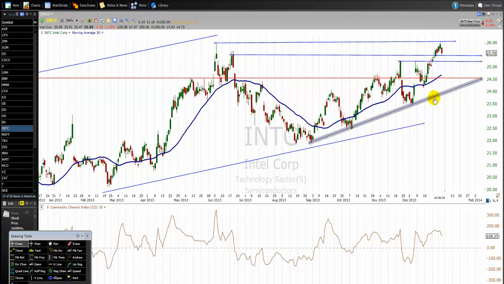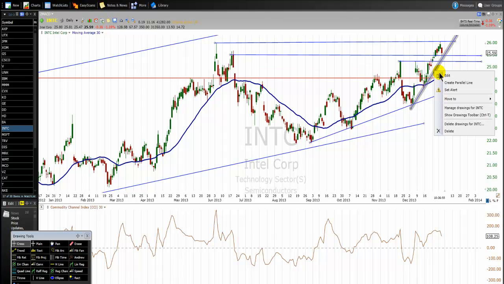Now, you have to understand that majority of professional traders will prefer a price to retest the moving average 30, which is a bit far away here, or this trend line here, the common sense trend line here, this one. You see? I can color it now into pink. All right?